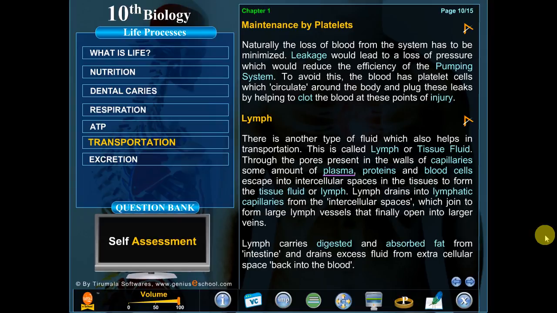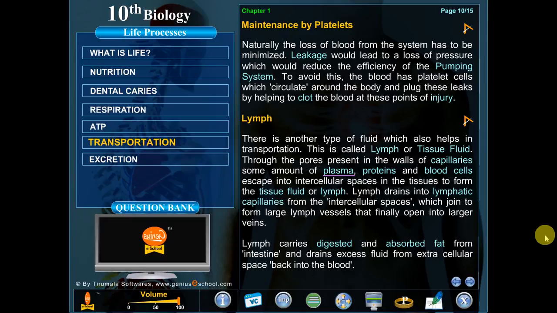Lymph. There is another type of fluid which also helps in transportation. This is called lymph or tissue fluid. Through the pores present in the walls of capillaries, some amount of plasma, proteins, and blood cells escape into intercellular spaces in the tissues to form the tissue fluid or lymph.